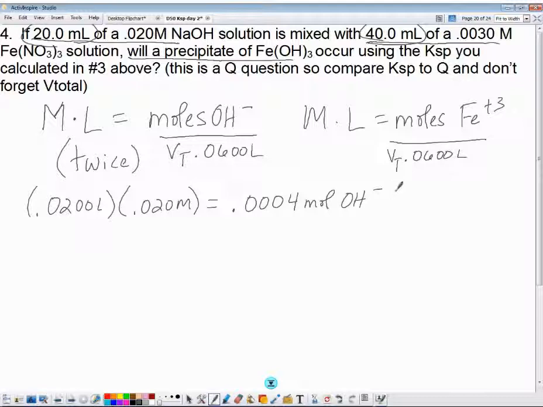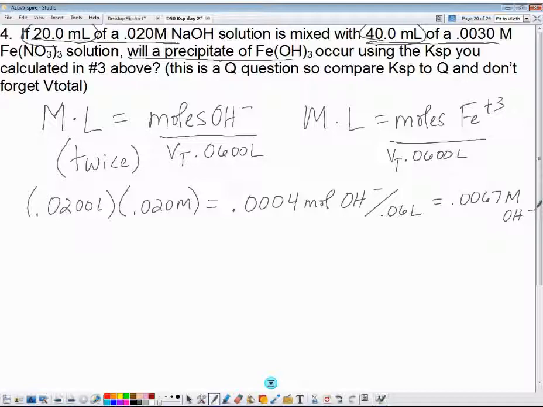If I divide that by my total volume, I get a value of 2/3, so that's 0.0067 molar hydroxide, OH minus. Okay, that's one ion. Molarity times liters, divide by total volume.